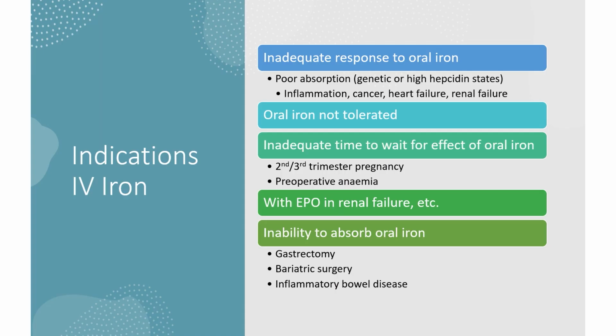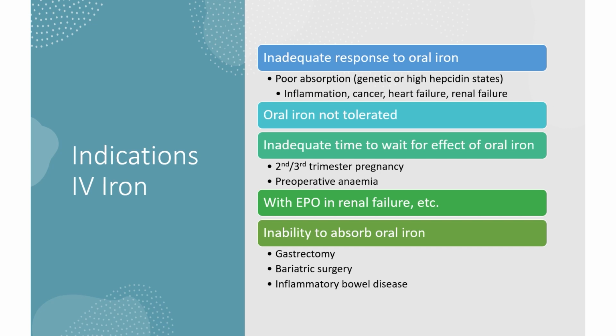Well, firstly, if the patient doesn't respond. So you have to monitor your patient to make sure that they are actually improving and that their iron levels are normalizing. Oral iron is often not well tolerated, in which case you must switch to IV iron.